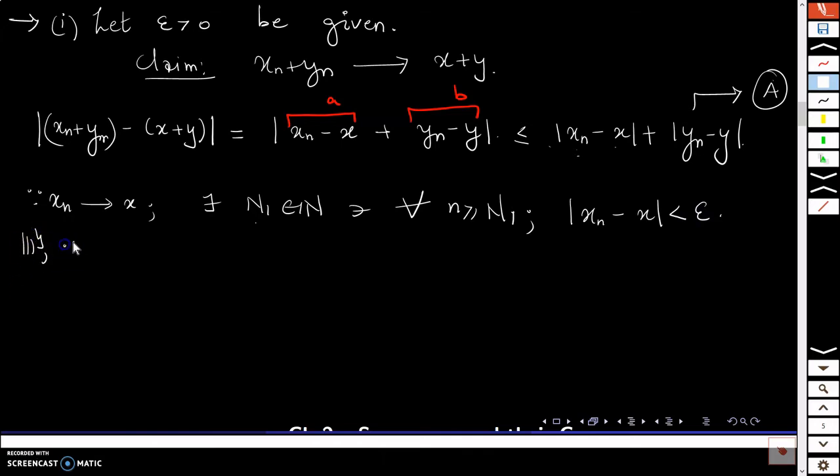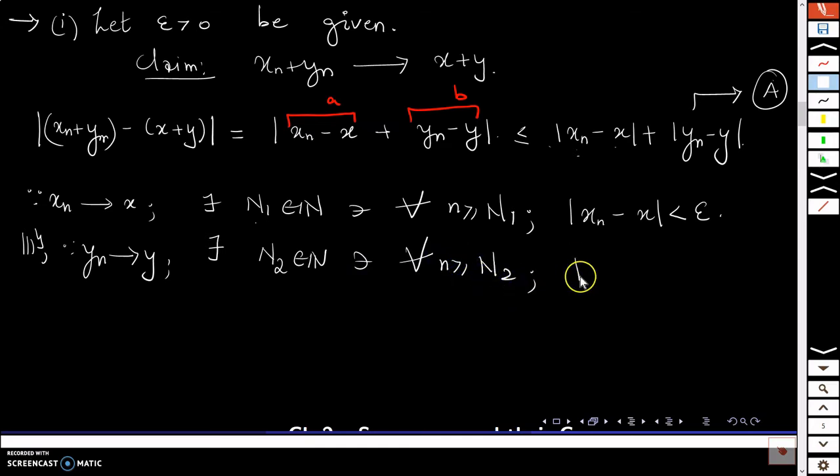Similarly, since yn converges to y, again I can apply the definition. There will exist one more natural number, I will call it n2, such that for all n bigger than or equal to this n2, modulus of yn minus y is less than epsilon.